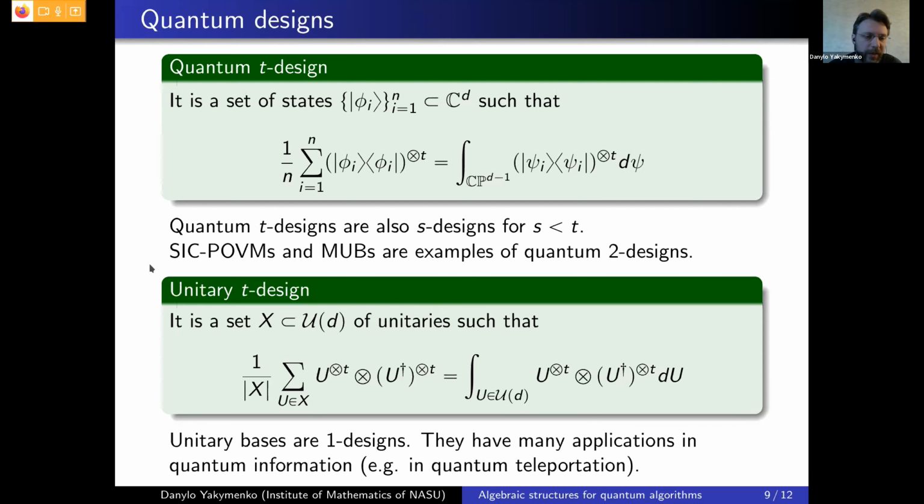Related to quantum t-designs, there is a related notion of unitary t-design, which is a set of unitary matrices of size D times D that satisfies this formula. The unitary t-design is also useful, for example, in some quantum benchmarking.